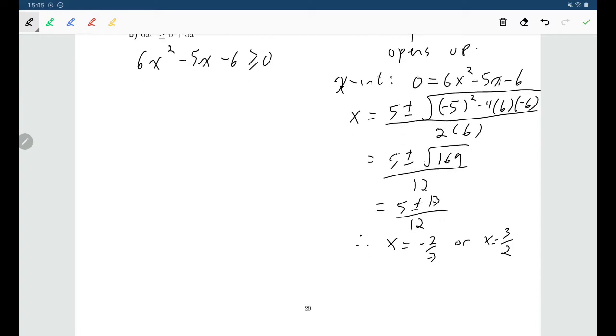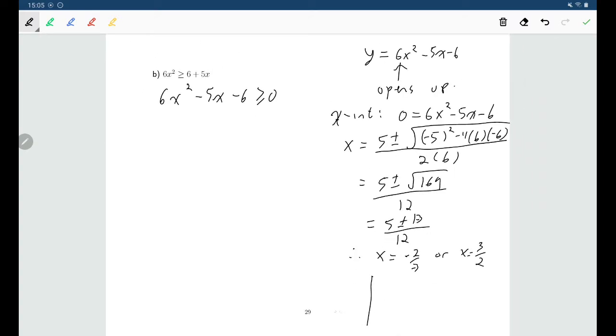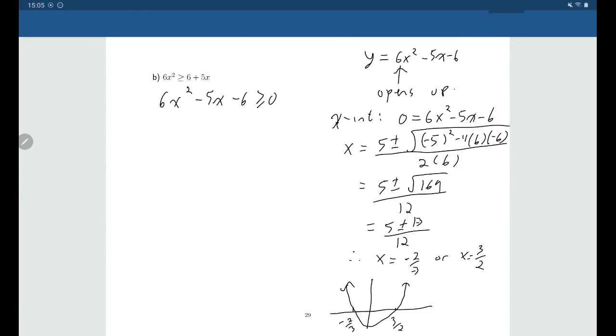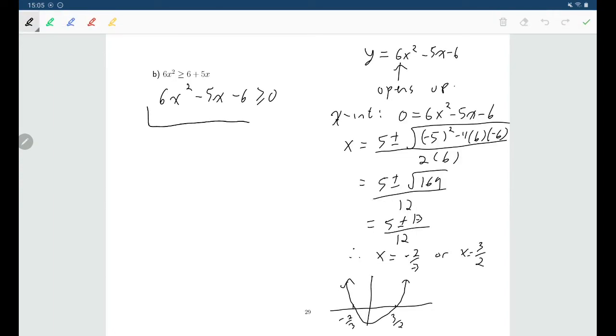So we're pretty much good to go now because we know that this parabola is going to cross the x-axis at -2/3 and at +3/2, and that it's a parabola opening upward. So for the question that we were given, where is this parabola greater than or equal to 0? We're interested in where we're at or above the x-axis, and the answer would be everything up to -2/3, including the -2/3, and also everything after the +3/2, including the 3/2.